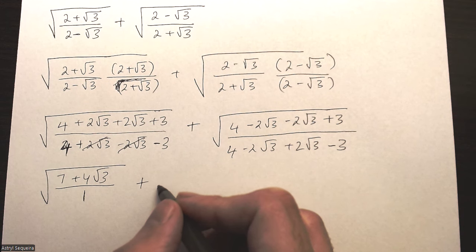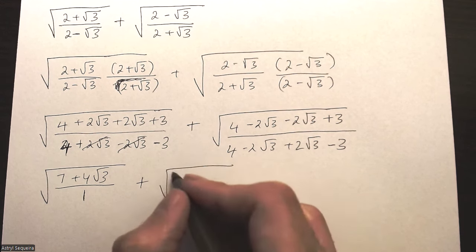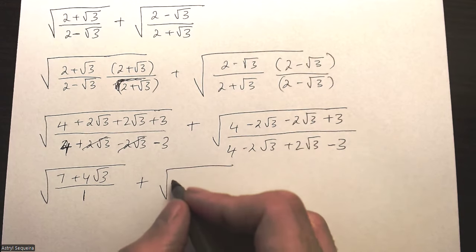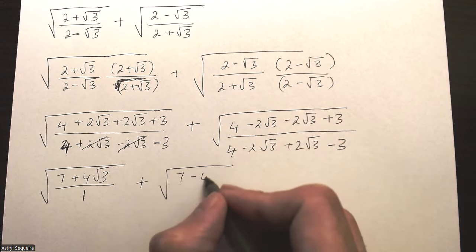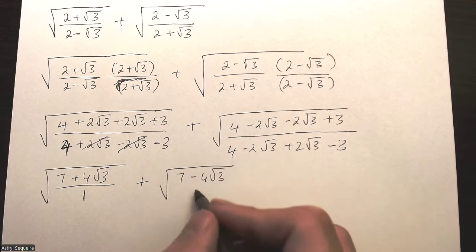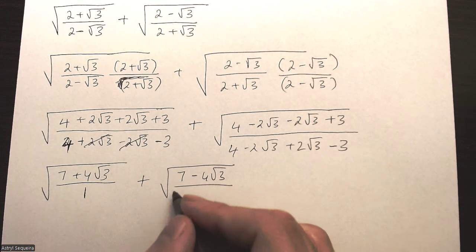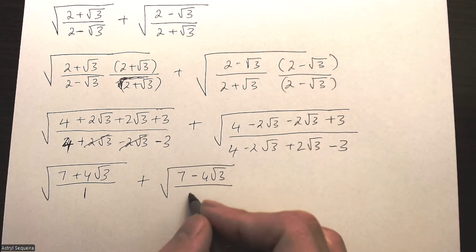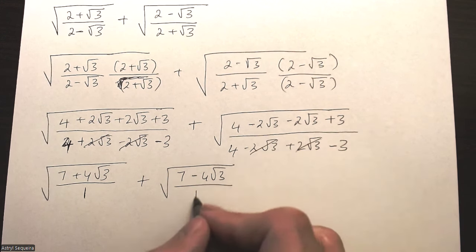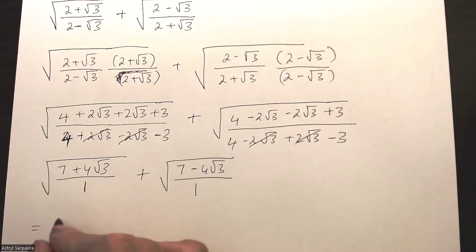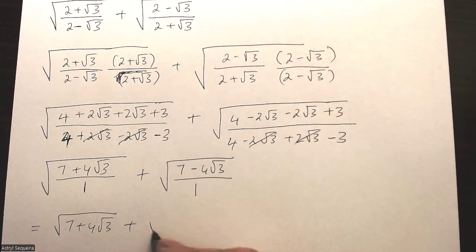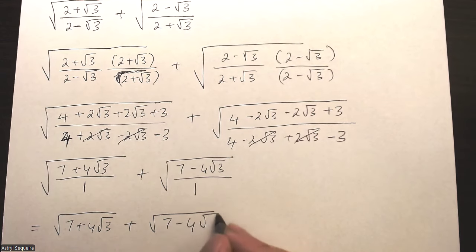Same idea here. I'll get in the top 7 minus 4 root 3 over 1. These two will cancel. So I have root of 7 plus 4 root 3 plus the root of 7 minus 4 root 3.